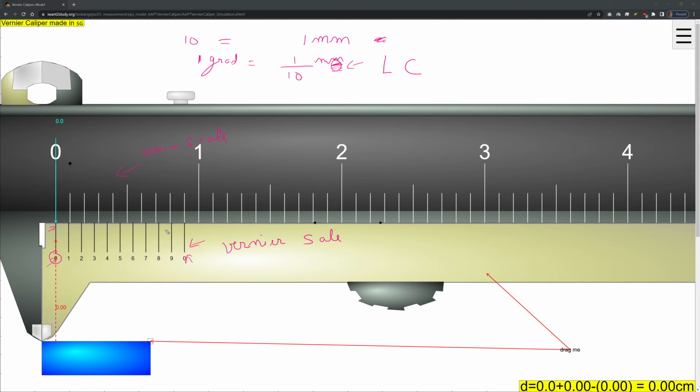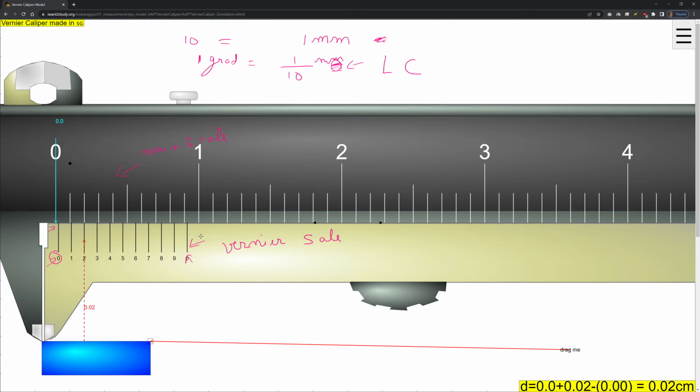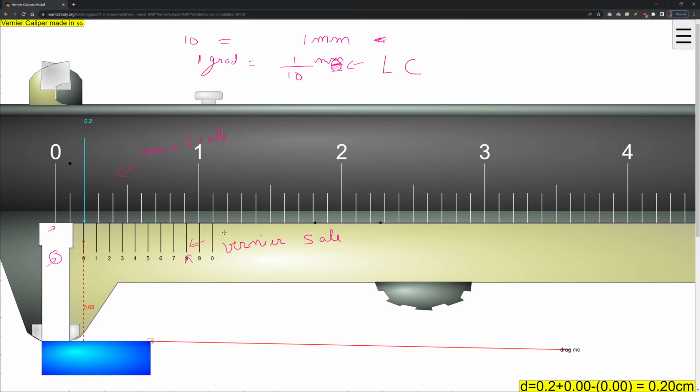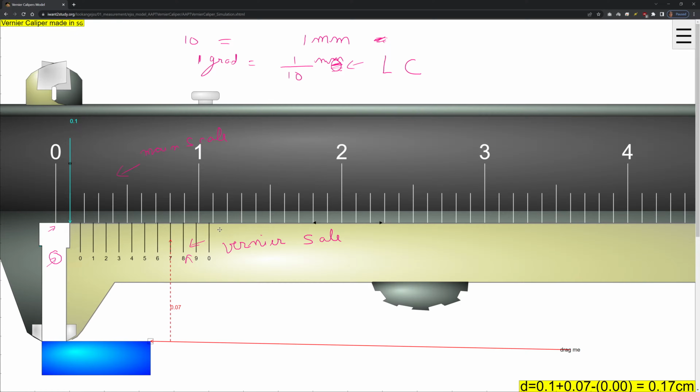The Vernier scale is read by moving this Vernier calipers a little bit, which gives us an idea of how this happens. I am not reading it simply by looking at the scale itself. The way I read it is I look at the gradation on the Vernier scale which lines up with a main scale gradation.